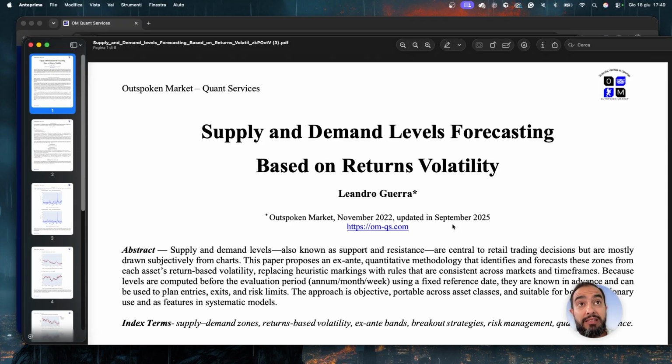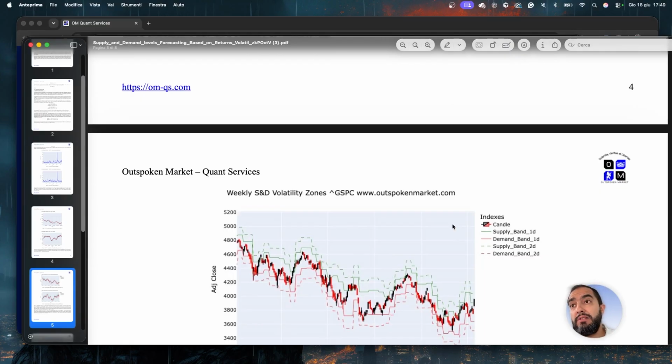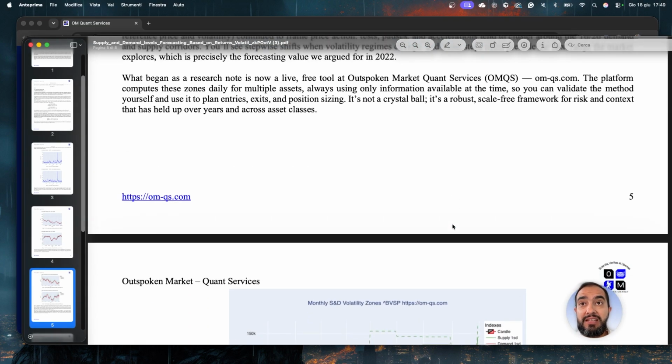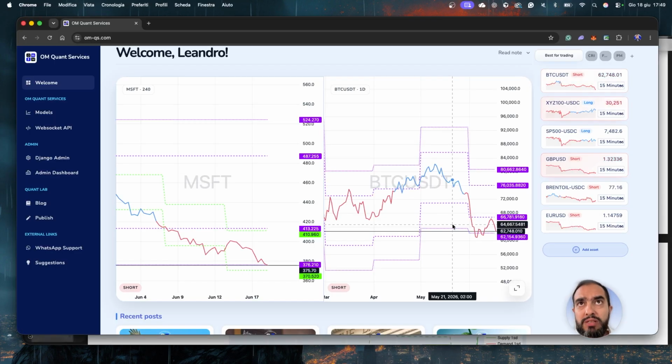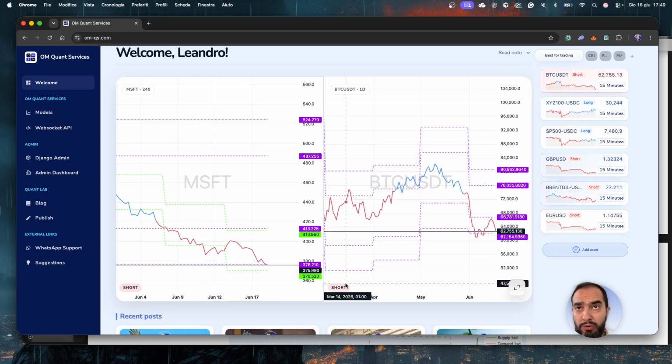I updated the paper back in September 2025 because I wanted to prove after several years that the idea of the indicator still works, and there was essentially no reason for it not to be working. And recently, if we want additional examples, we have here on the left-hand side Microsoft stock, 4 hours time frame, just to have more granularity.